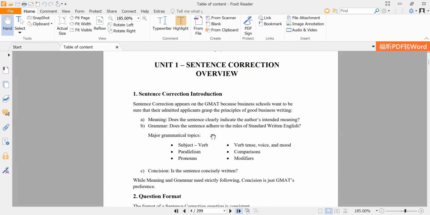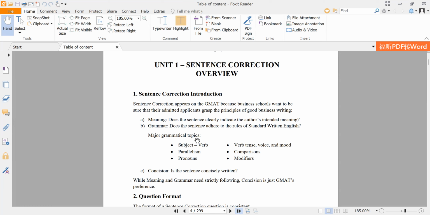That would help you internalize the different error types on the GMAT, and that would be really useful when you go to take the real test. Finding errors, finding mistakes, eliminating wrong answer choices would become second nature to you once you go through the motion of understanding different types of errors on the GMAT.